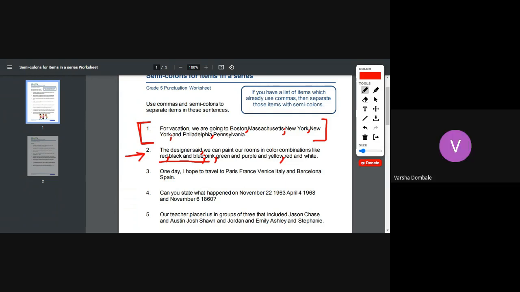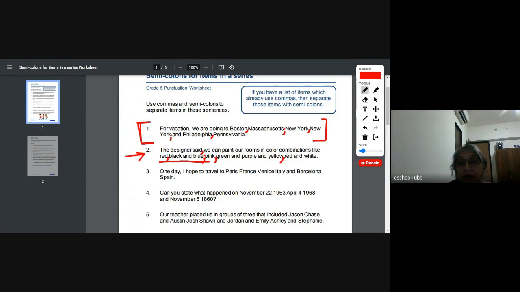After yellow. Wait, black, blue, red, black and blue, pink, green and purple. And he has said, if there is a conjunction, then we don't use a semicolon. So there will not be a semicolon here. Or we will remove this and we'll put a semicolon. Then yellow, red and white is a comma only. That's also a list. See, these are three lists.